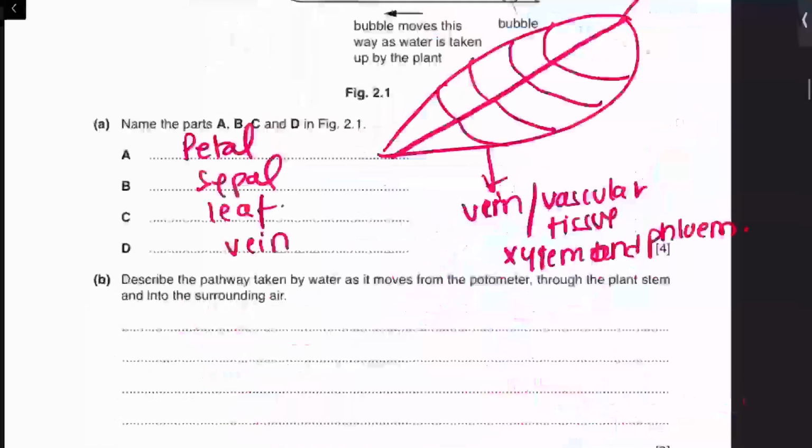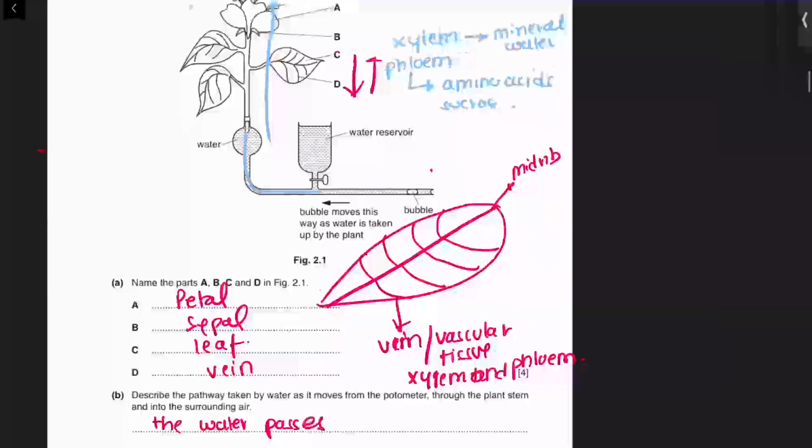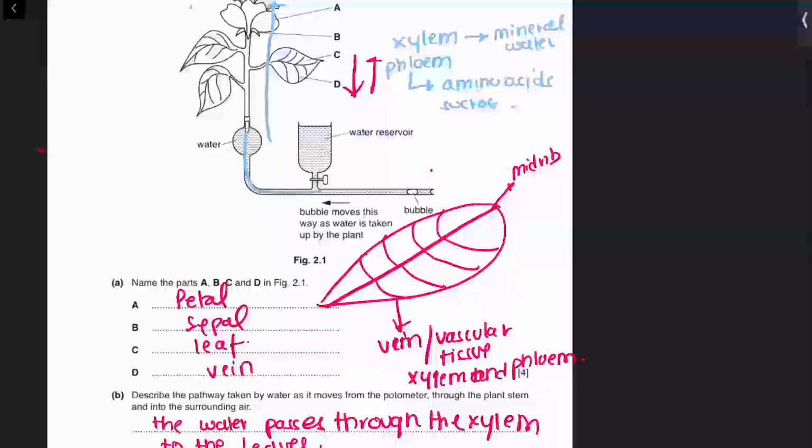So what you have to write is: the water passes through the xylem to the leaves.